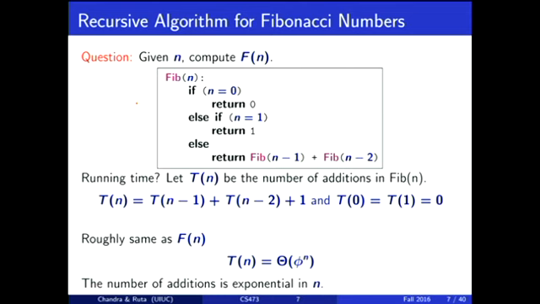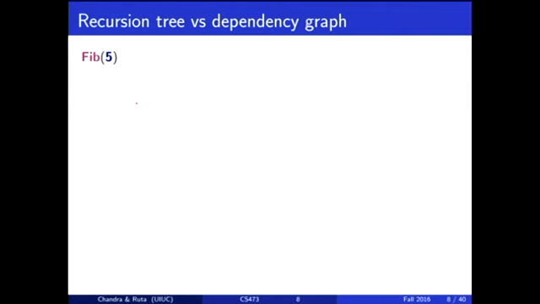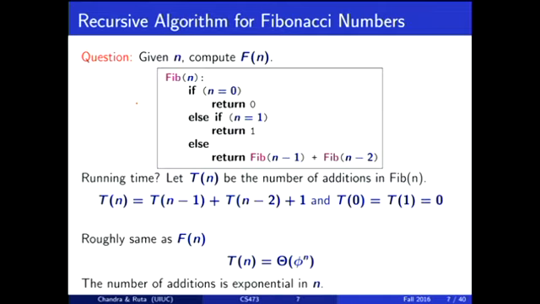Let's not worry about the bit precision because that is actually blowing up. But how many additions do we need to do? Let's call that T(n). What is it? T(n) is, by the recursion, T(n-1) plus T(n-2) plus 1 addition, right? And T(0) and T(1) are 0, so we don't do any additions.